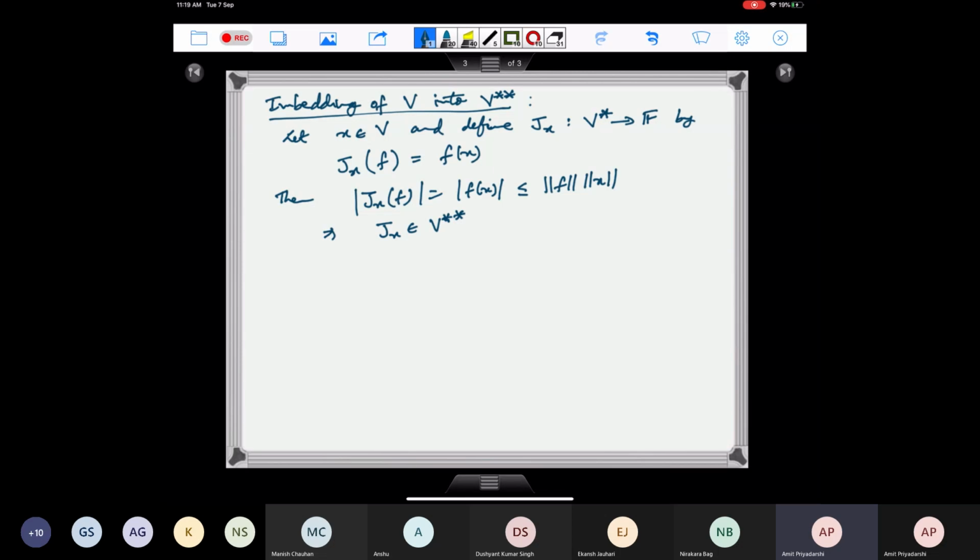So J_x becomes a bounded linear functional. J_x is linear is also clear: if you take J_x of f plus g, that is the same as f(x) plus g(x). So J_x is linear and also bounded, so J_x belongs to V double star.